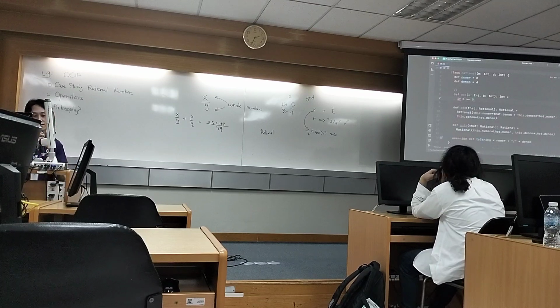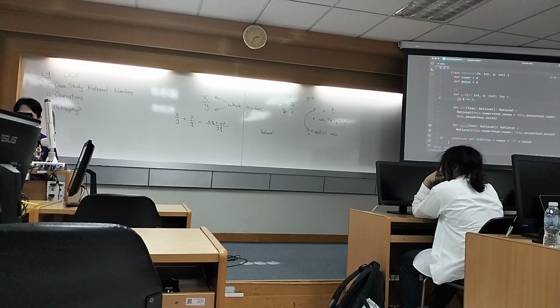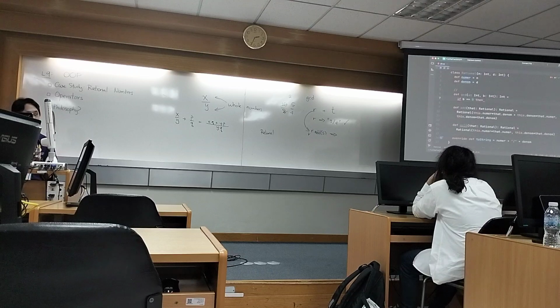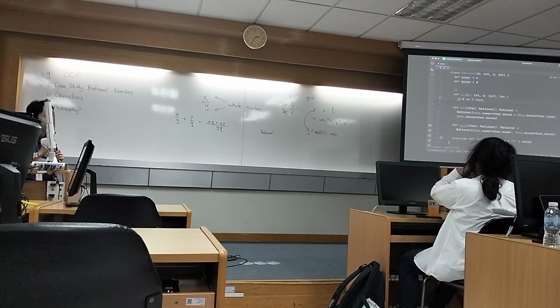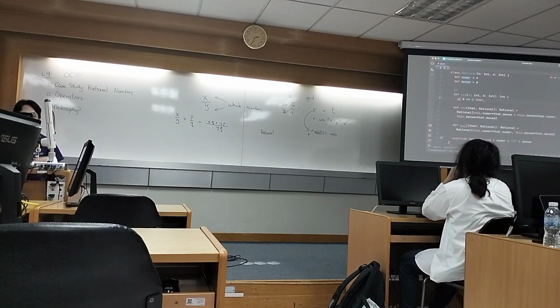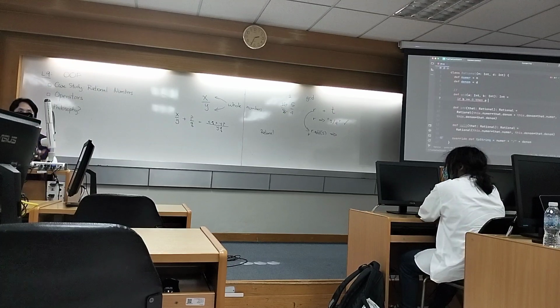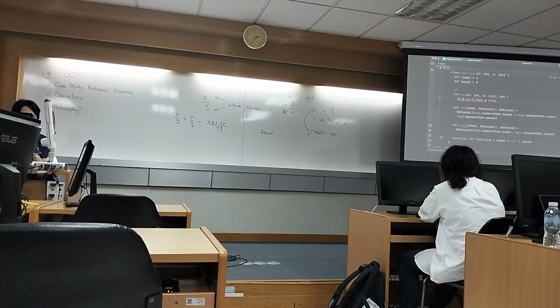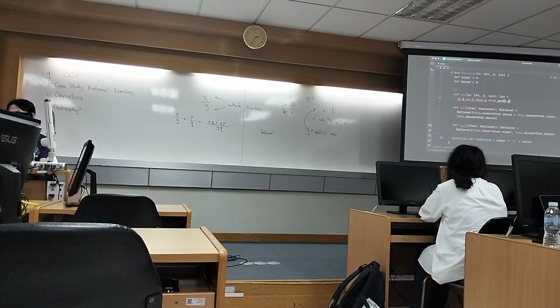If b is 0, what do we know? It turns out if b is 0, I know that a divides both of them. So the answer is a. Otherwise, it turns out, according to Euclid, we can just do this.